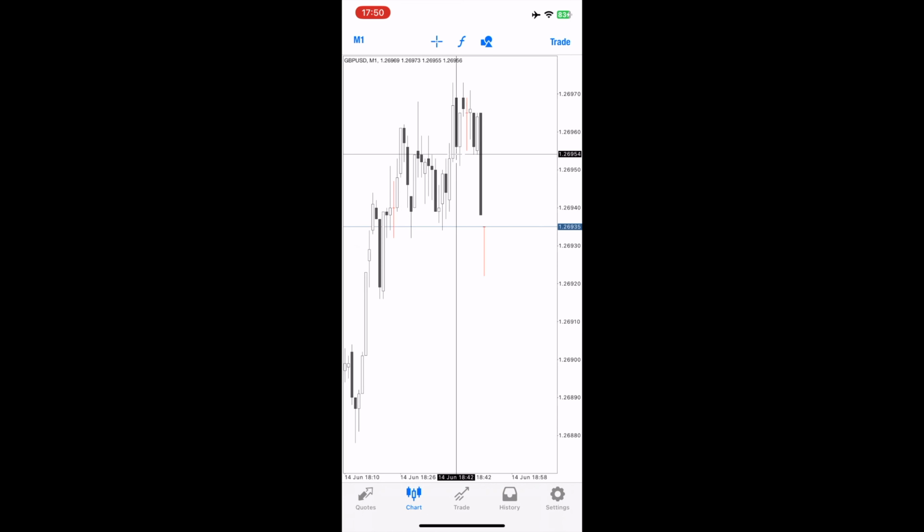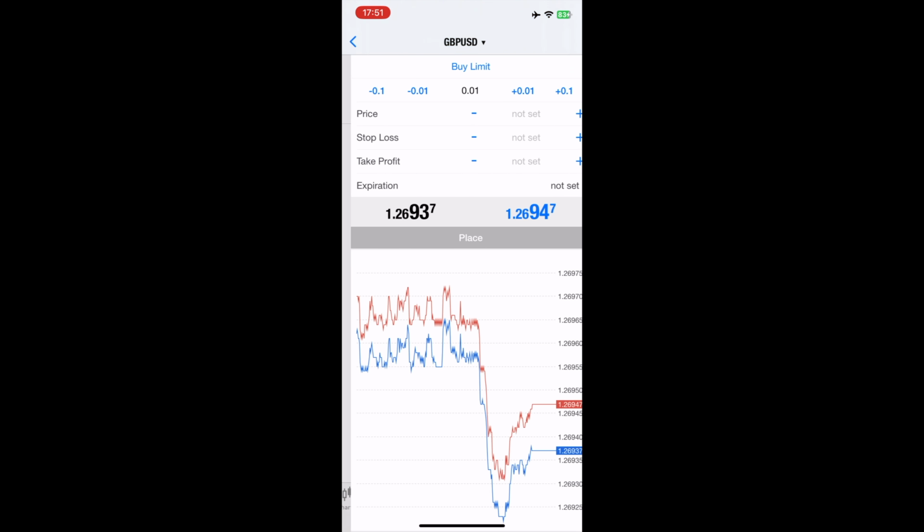It has to be a buy stop because buy limit says that the market price should be above your entry. But for a buy stop, the market price should be below your entry. You can see I want to buy at 1.26954. Let's try and see if a buy limit will work.